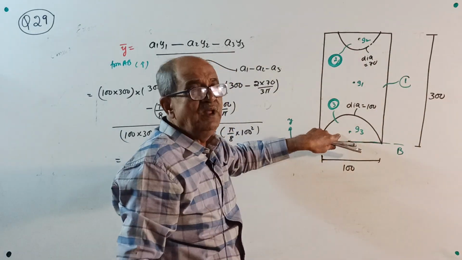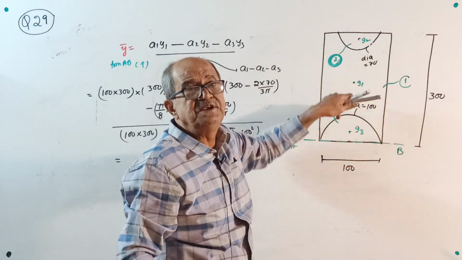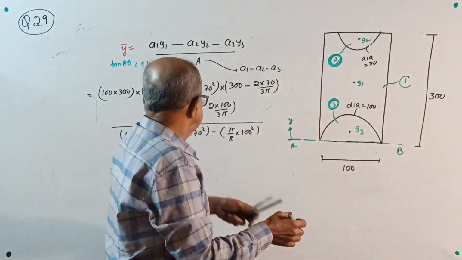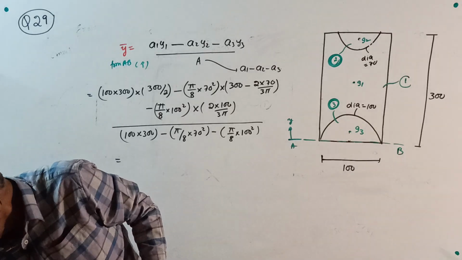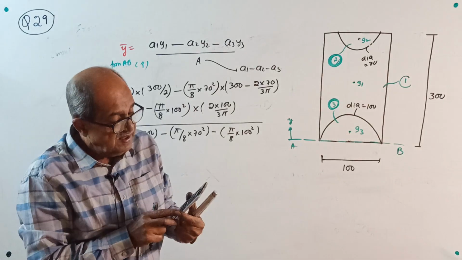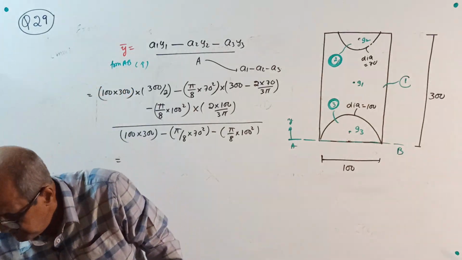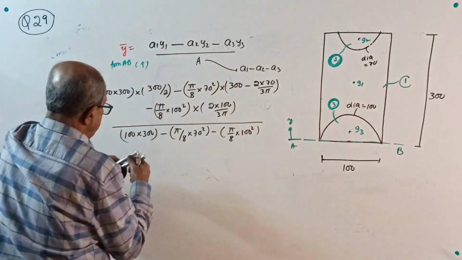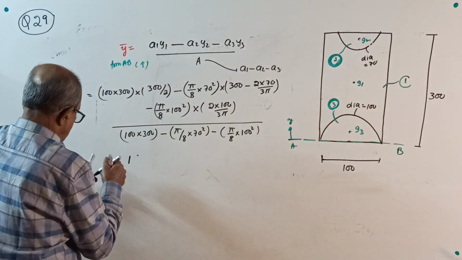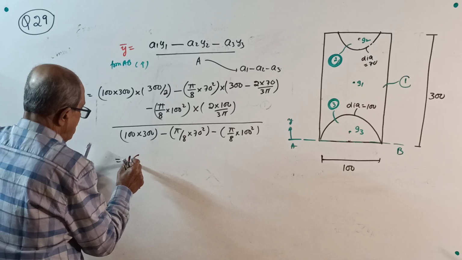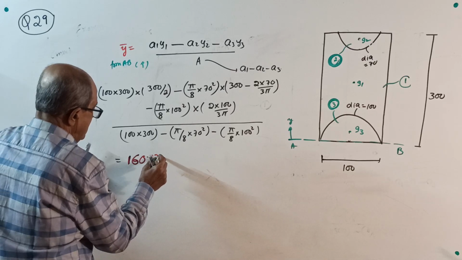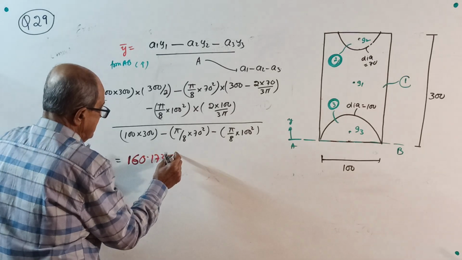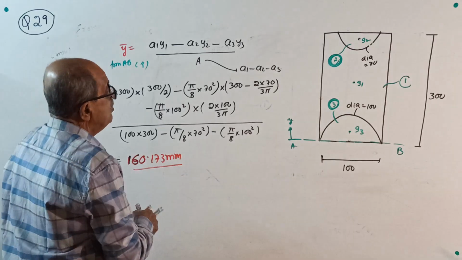We are losing more area here, so the centroid will shift slightly to the upper side. The answer is 160.173 millimeter. Over.